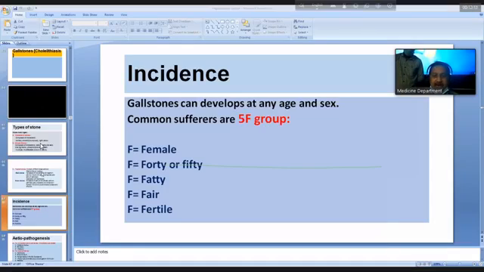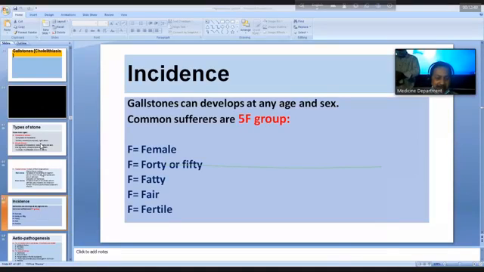And the third F is fatty. It is much more common in fatty women, those who are overweight, having increased fat deposition. And the fourth F is fair, and this is related to deposition of the fat. If there is deposition of fat, the individual usually looks fair. And lastly, fertile. Fertile means these women have a history of multiple pregnancy and multiple childbirth.